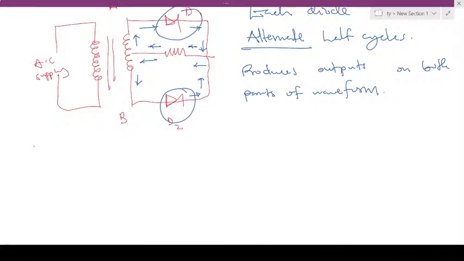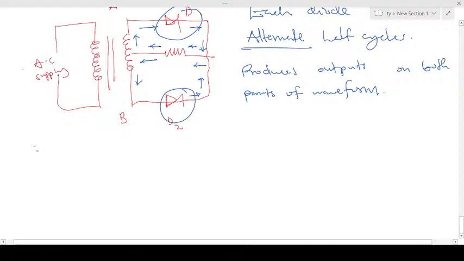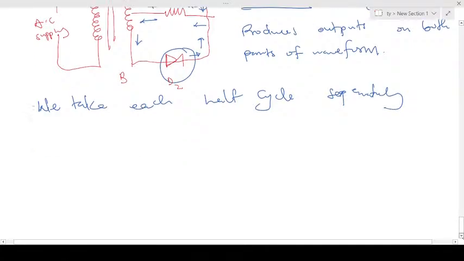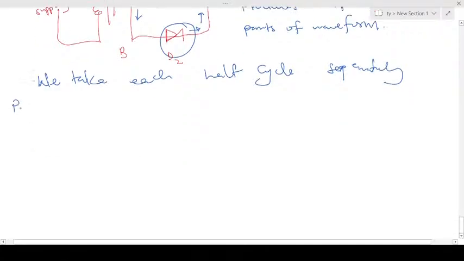Now, due to that, we'll be taking each half cycle separately. So we'll start by treating the positive half cycle.